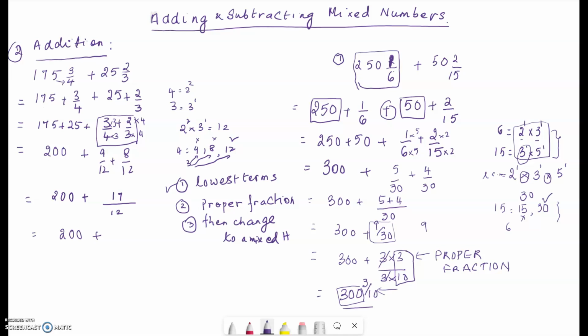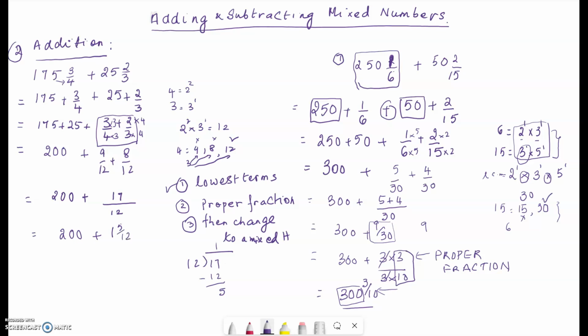So 12 goes 1 times into 17, leaving a remainder of 5. So what we've done is changed 17 twelfths into a mixed number. So that would be 1 and 5 twelfths.